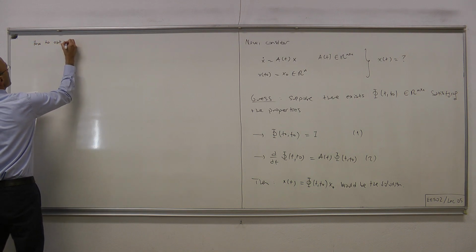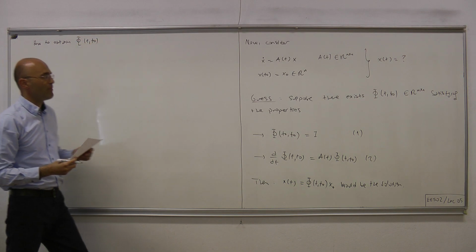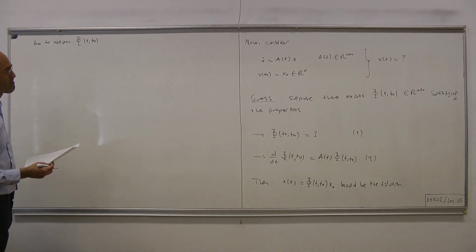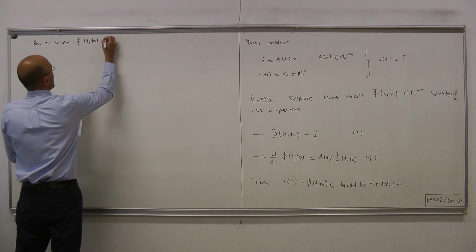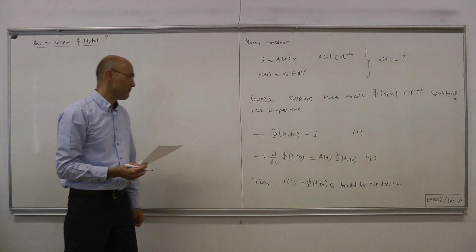How to obtain phi(t, t0), this n by n matrix satisfying two properties, is the question we will address now.